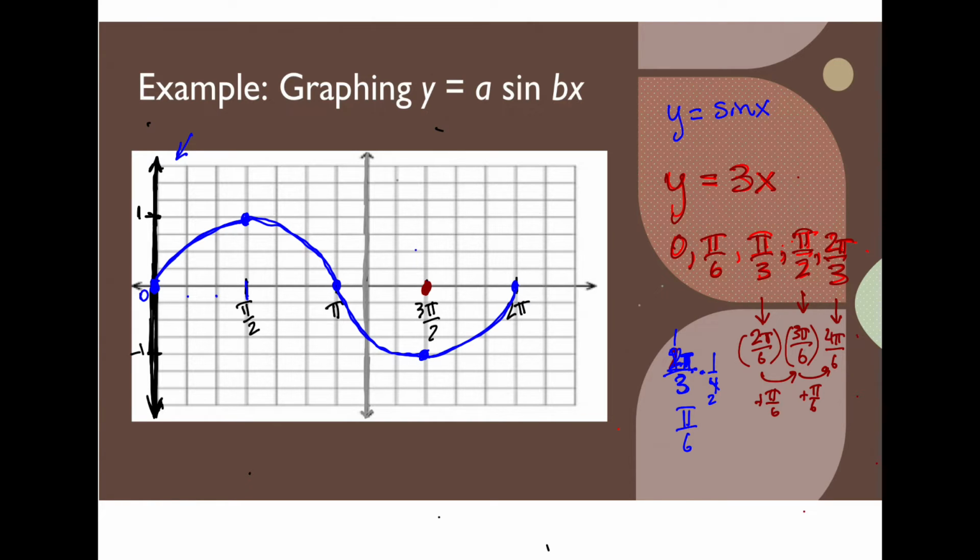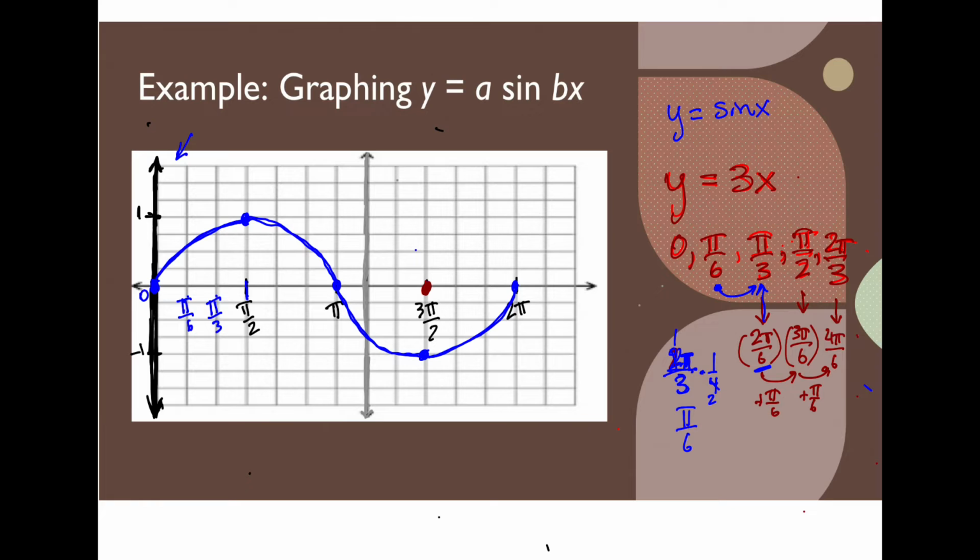So our first thing is at pi over 6, which would be here. And then the next thing would be pi over 3, which is 60. That's right here. My next thing is pi over 2. Notice what's happening here: I start out with pi over 6. I then added to pi over 6 another pi over 6. That gave me 2 pi over 6, which reduces down to pi over 3. 2 goes into 6 3 times.